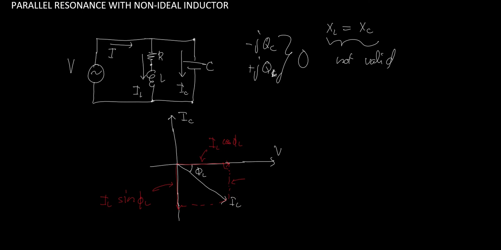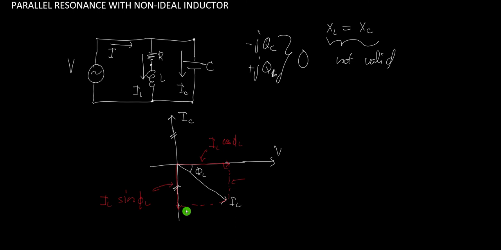Now, let's try to observe. Again, what do we want? We want the total current to be in phase with the voltage. Now, if we add IL and IC, the result should be somewhere on this line, this voltage line, because they are in phase. So how do we do that? We do that by equating this side with this side.